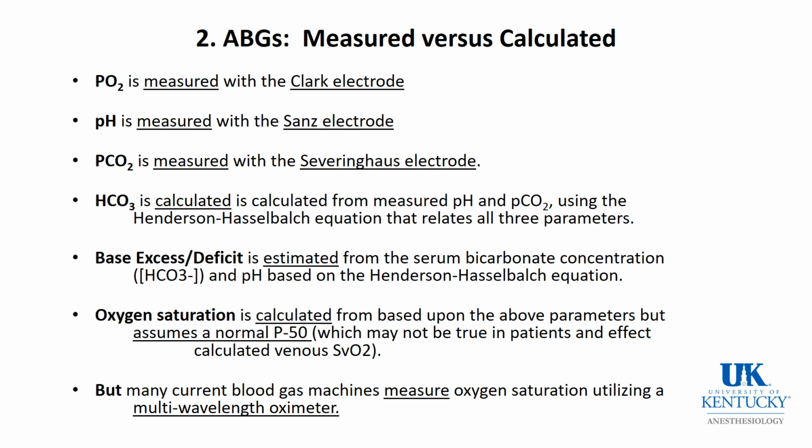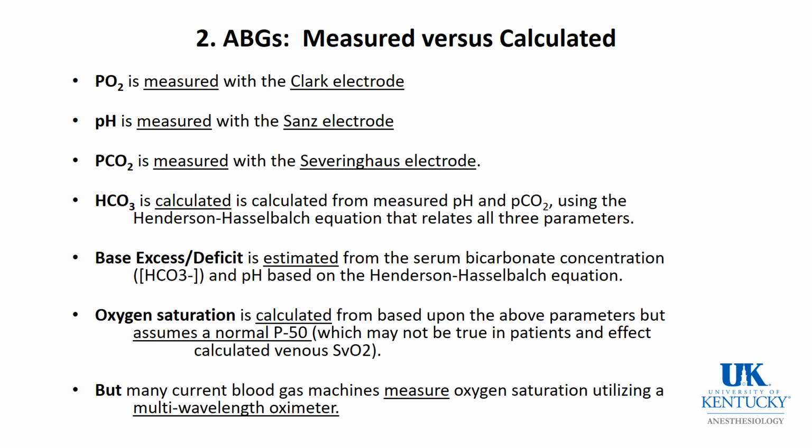Now, as far as arterial blood gases, the machine has several electrodes inside. There's a Clark electrode for measuring the O2, a Sanz electrode for measuring pH, a Severinghaus electrode, an anesthesiologist who invented this CO2 electrode. But the rest of the measurements are calculated: the bicarb, the base excess, and the oxygen saturation.